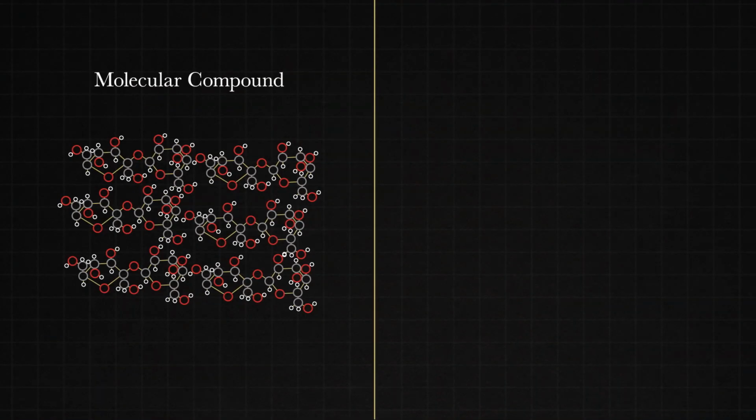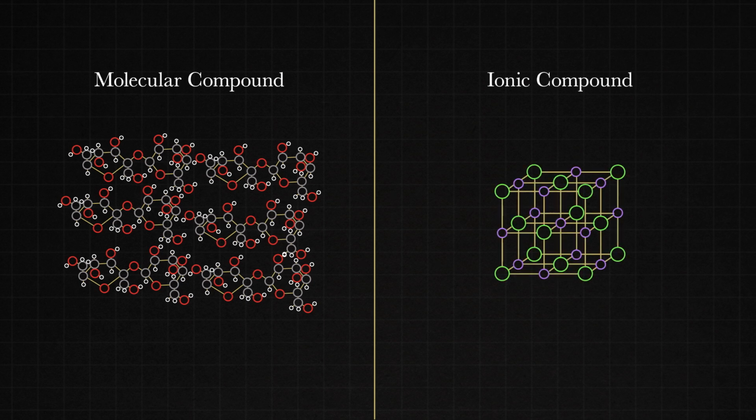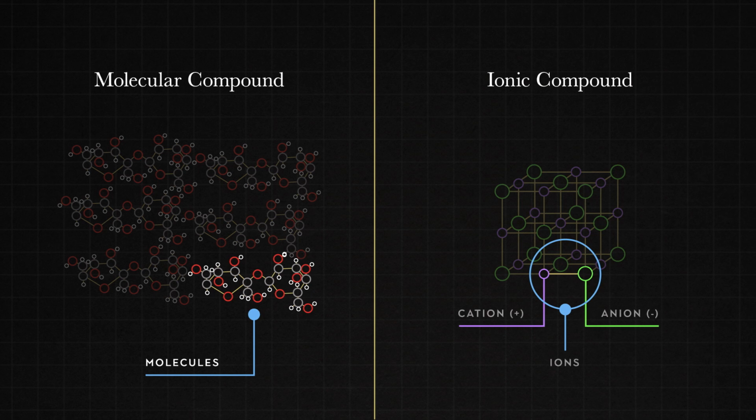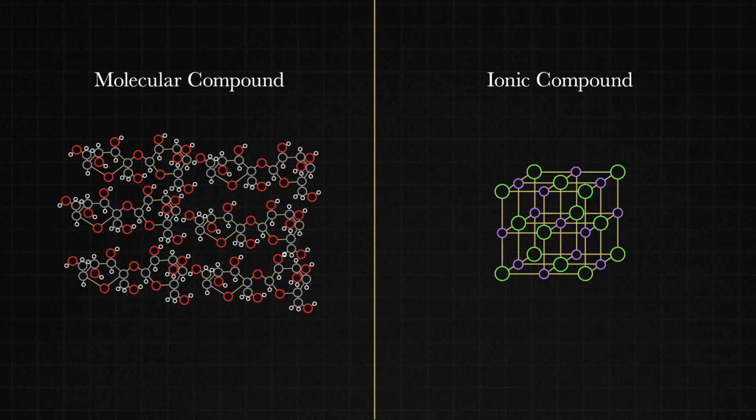One way is by using the name molecular compound for substances like sugar and ionic compound for salts. This language conveys that the particles in a molecular compound are molecules, while the particles in an ionic compound are ions. We also have to extend our use of chemical formulas.